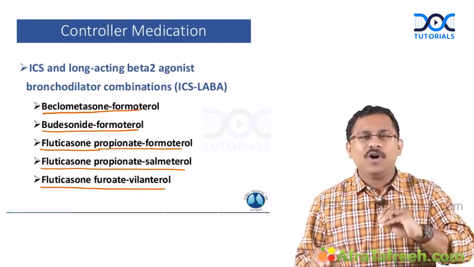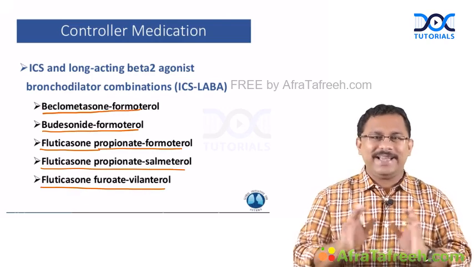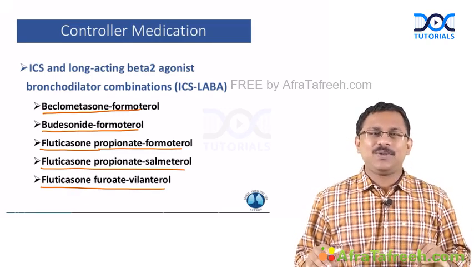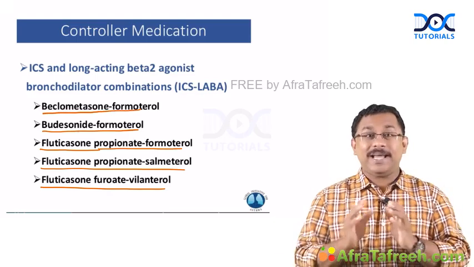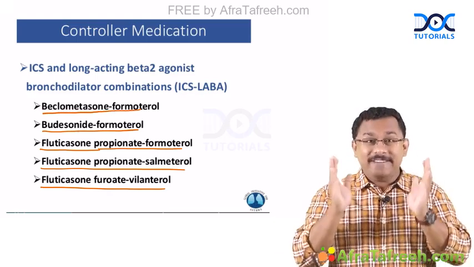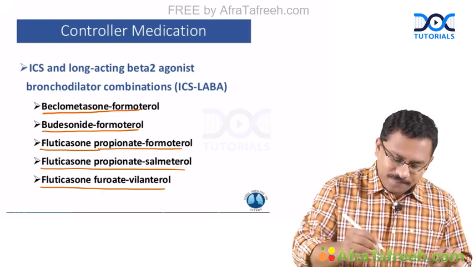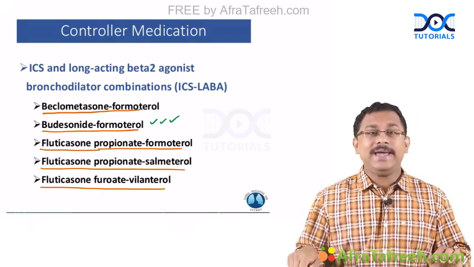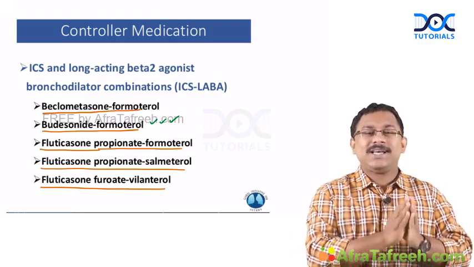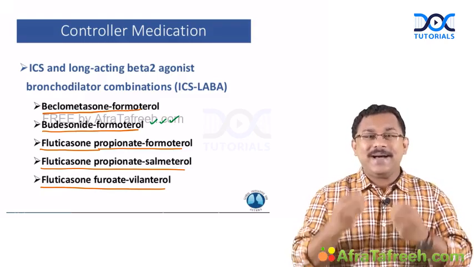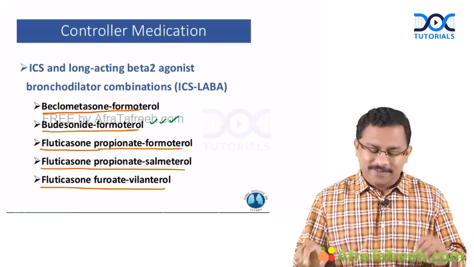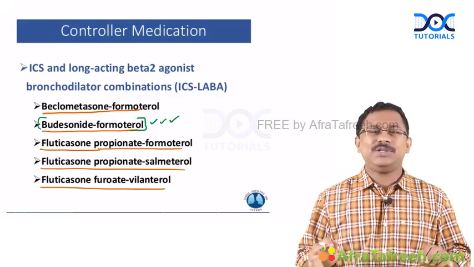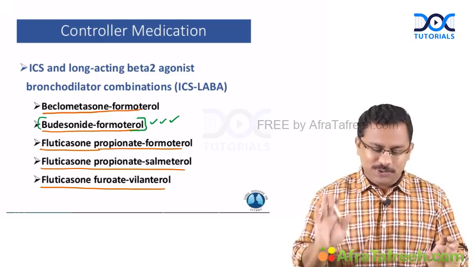Now, out of all these combinations which I have listed, the maximum evidence for treatment benefit is for the budesonide formoterol combination. Yes, the other options are also effective, but the maximum evidence for effectiveness is for budesonide formoterol. That is also clear.